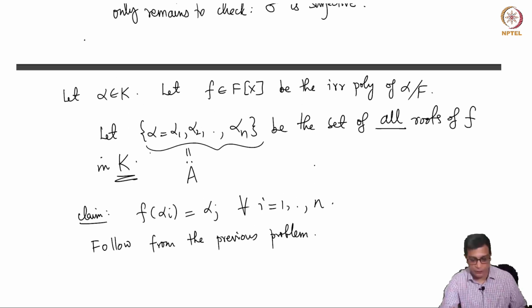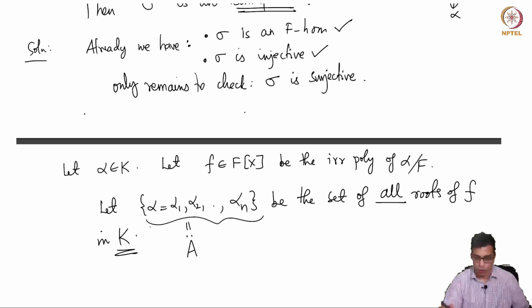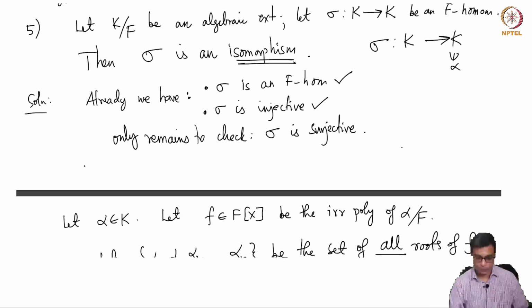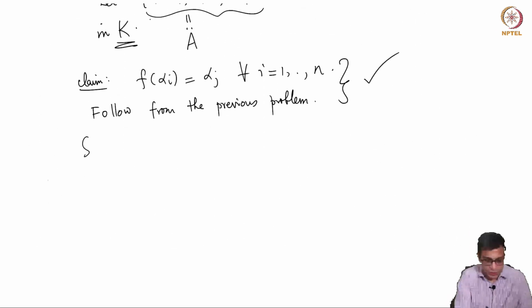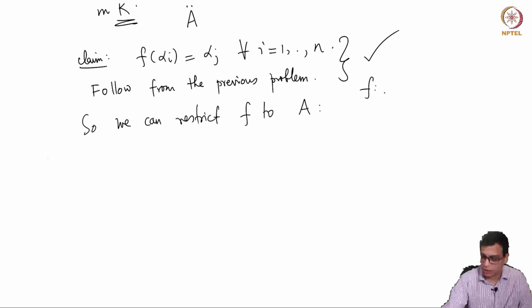So the image of alpha_i must be another root of the irreducible polynomial, namely f, but the only roots of the irreducible polynomial are these. So this is an immediate consequence of the previous exercise. Okay, so now that means we can restrict σ to A. So σ, remember, is a function from K to K.